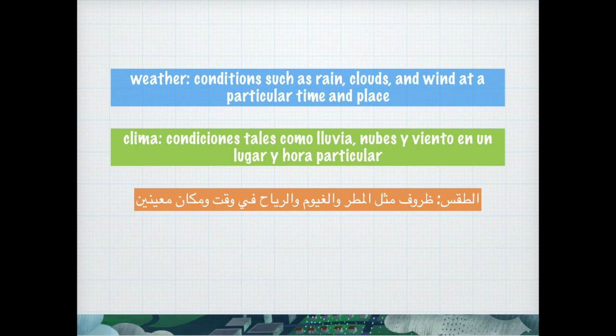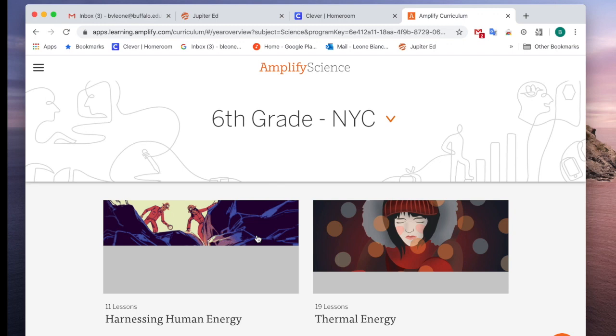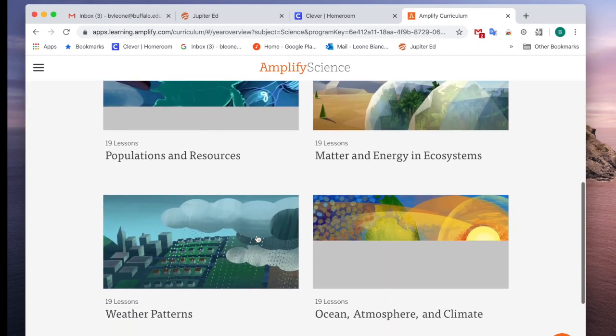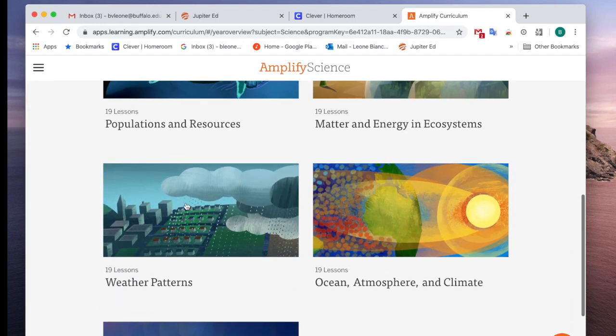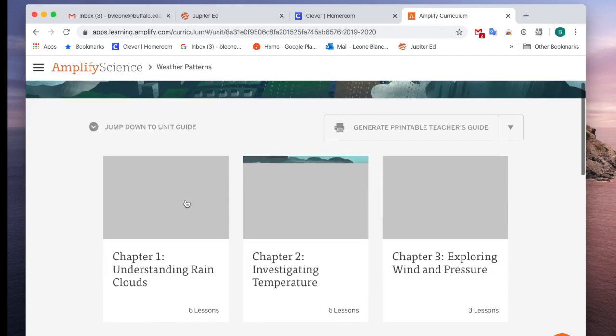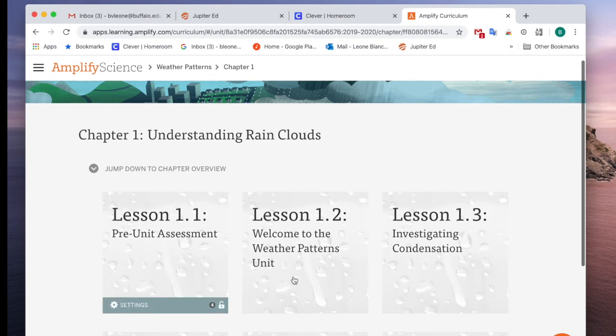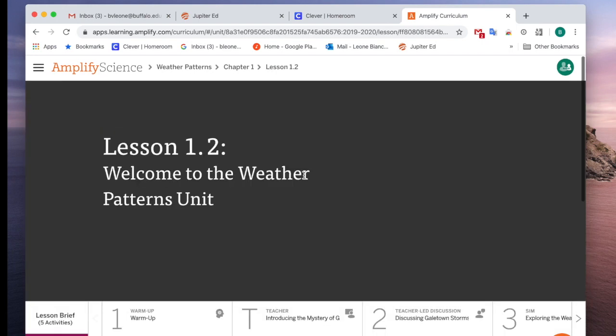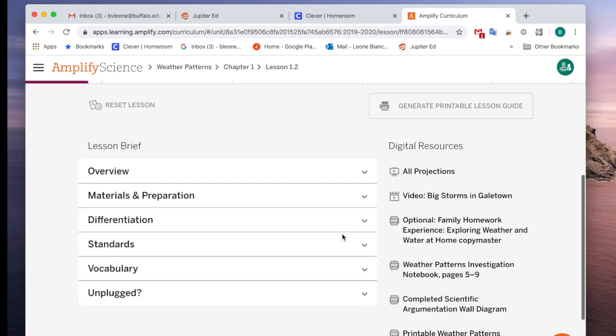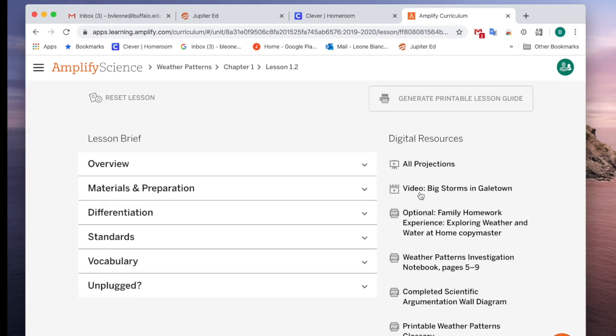The next thing we're going to do is watch a video. You're going to have to access this video on Amplify, and I'm going to show the directions on how to get to the video right after this. If you are trying to get to the video, you're going to want to click on Weather Patterns, Chapter 1, Understanding Rain Clouds, Welcome to the Weather Pattern Unit, and right here, if you click here, you'll get to the video.